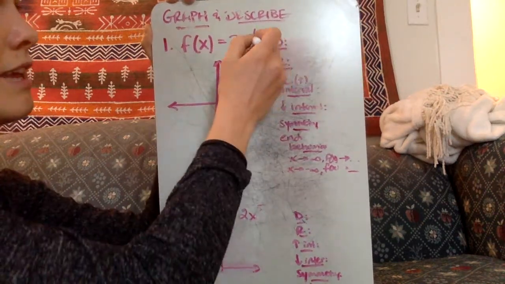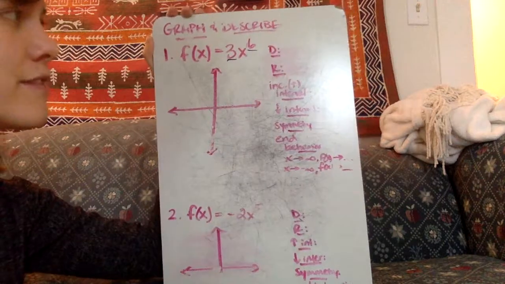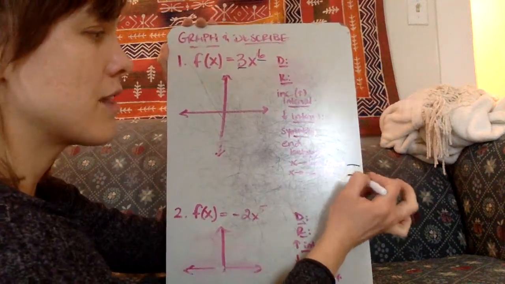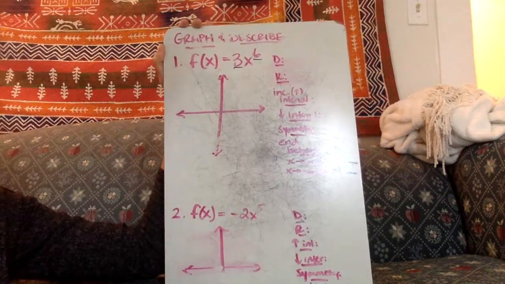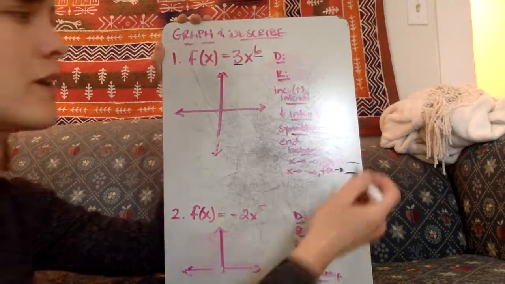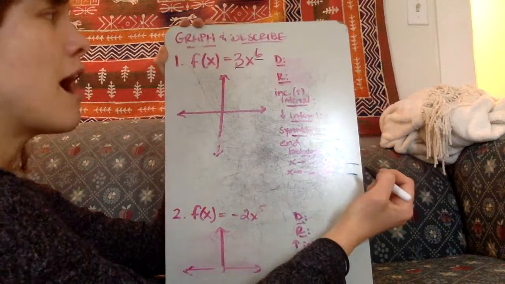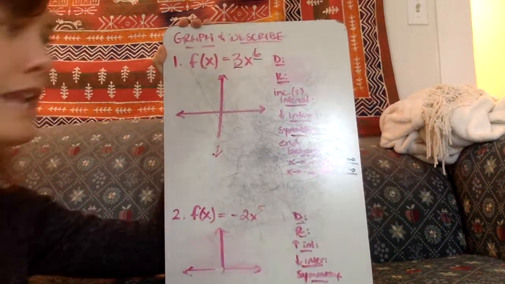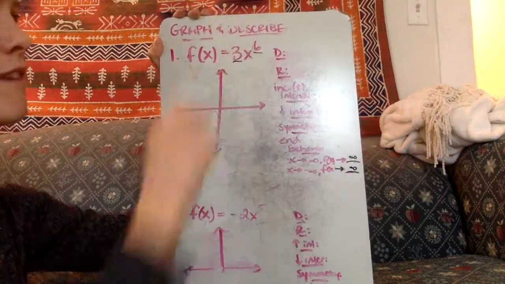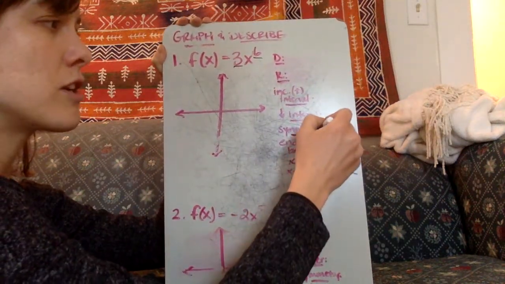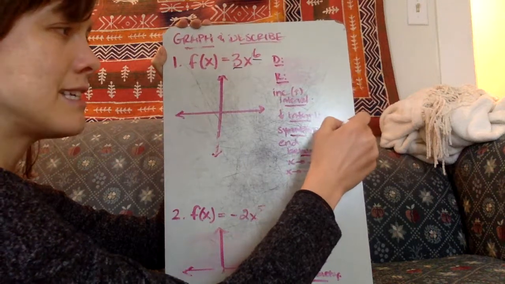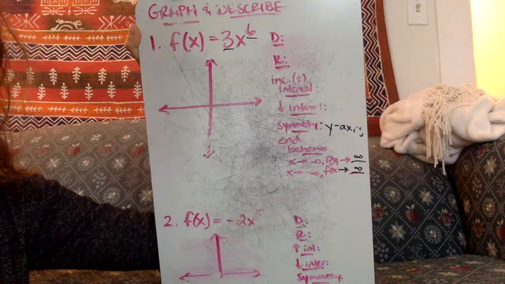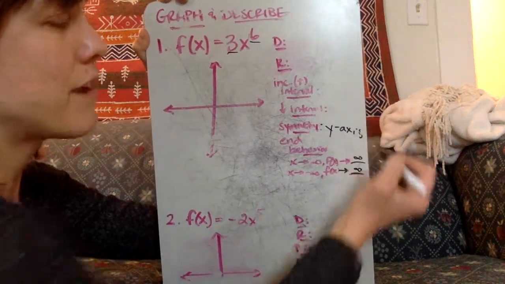This is an even power and a positive coefficient, so I can automatically fill this in using the rules that I just did before. So I know that this is going to be infinity and infinity. It's an even power, so I know it's going to be symmetrical about the y-axis. And so everything else I can kind of do with graphing.